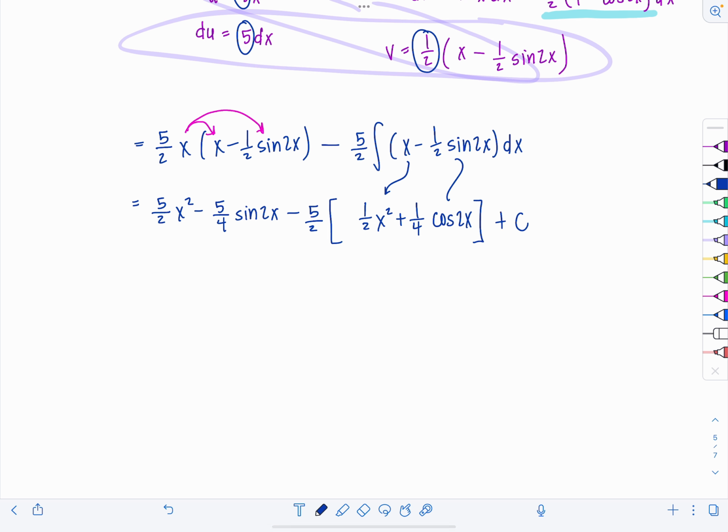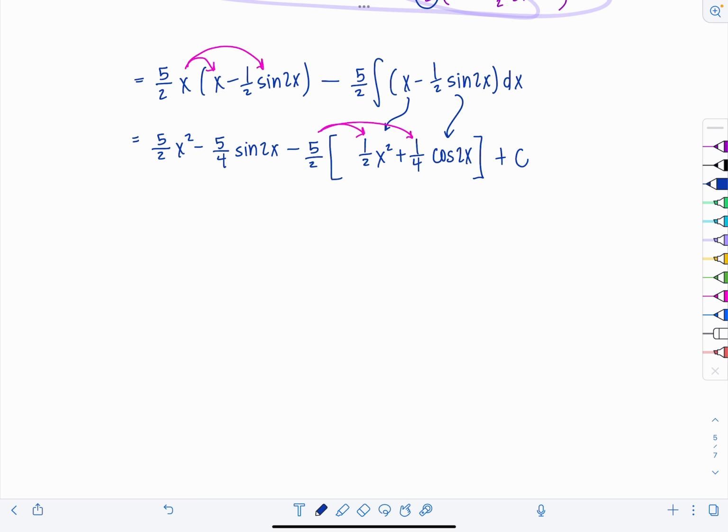All right. Good. Okay, from here, it's just a matter of cleaning it up a little bit more. So let's distribute this negative 5 halves through. So we have 5 halves x squared minus 5/4 sine 2x minus 5/4 x squared minus 5/8 cosine 2x plus c.